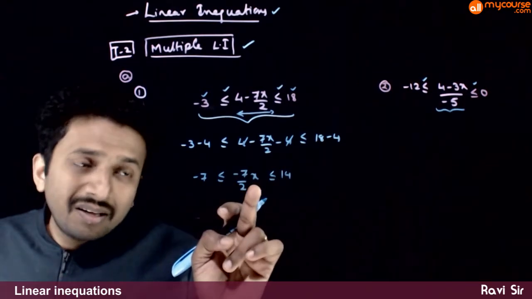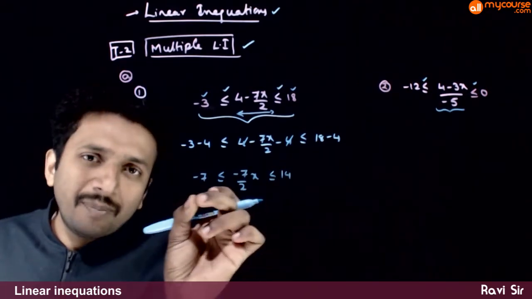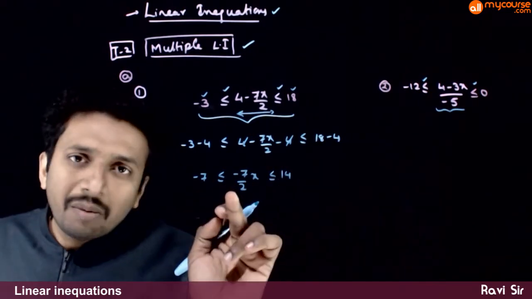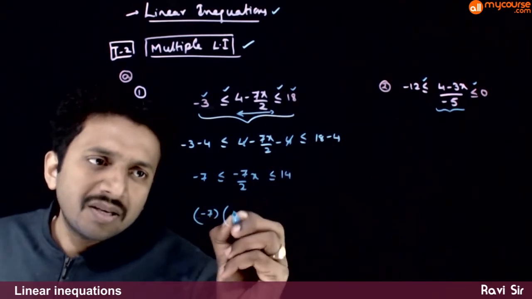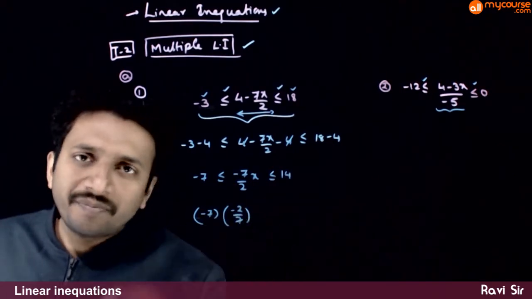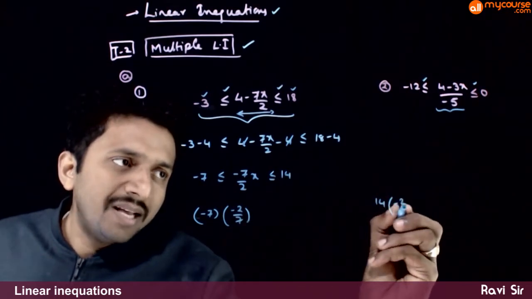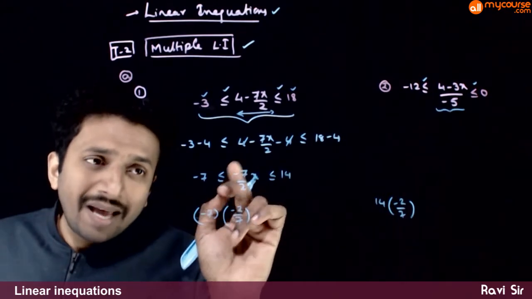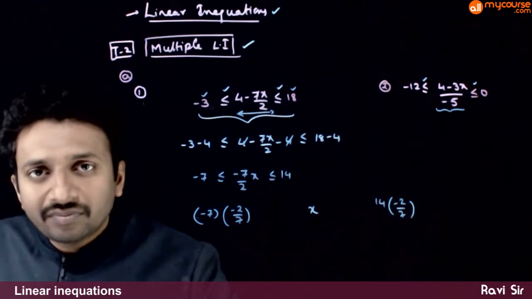Now I need the solution for x. So what I do is I'll uniformly multiply each of these sides with minus 2 by 7. So minus 7 times minus 2 by 7 and 14 times minus 2 by 7. And if I multiply minus 7x by 2 with minus 2 by 7, it becomes x.